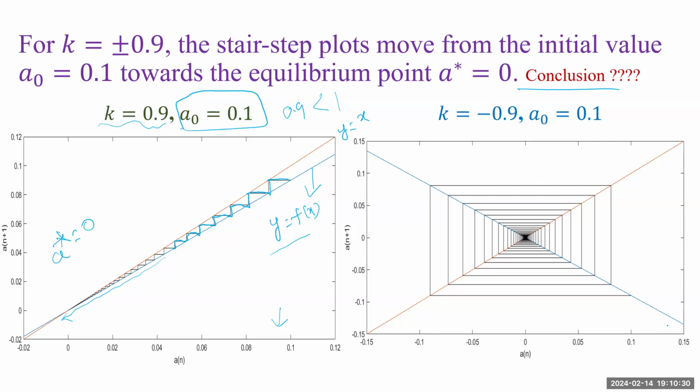So what about k equal to minus 0.9? Of course, mod k is less than 1. This is the starting value a of 0, and because the k value is negative, see the movement: horizontal, vertical, horizontal, vertical, horizontal, vertical, moving towards 0, which is your equilibrium point.